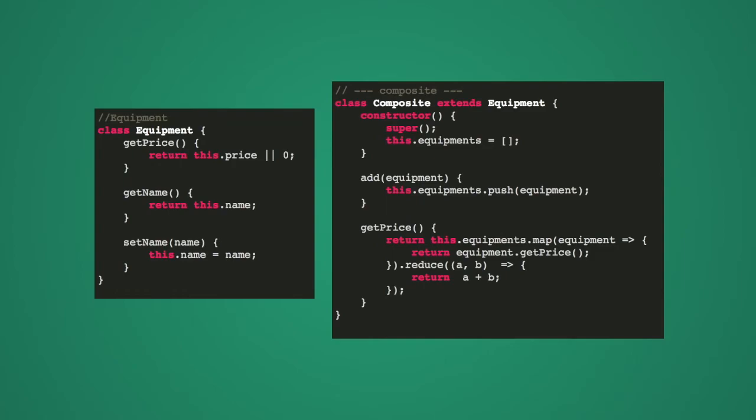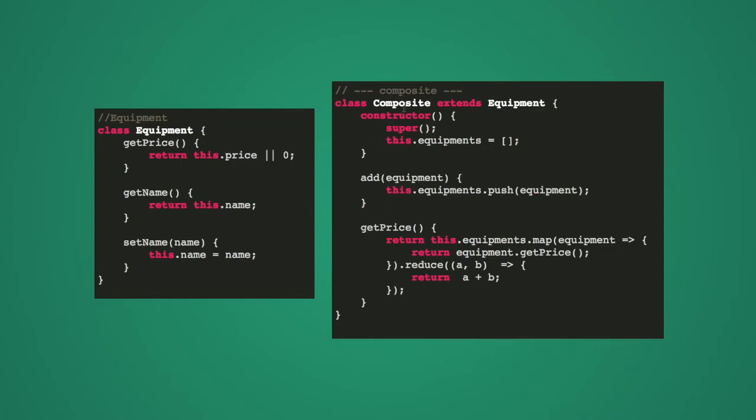But here is another example. So we have something called an equipment, okay? Look at the method names. It has a get price. So there is a certain equipment and you can fetch its price. Also it has a name and you can set and get its name basically.